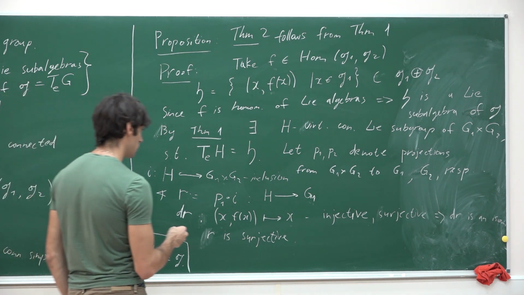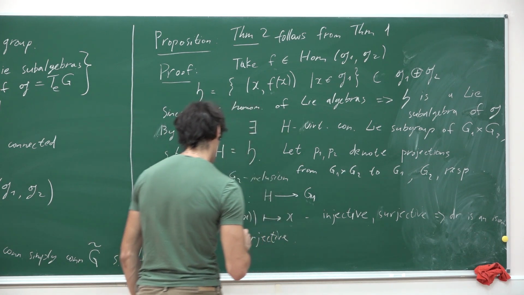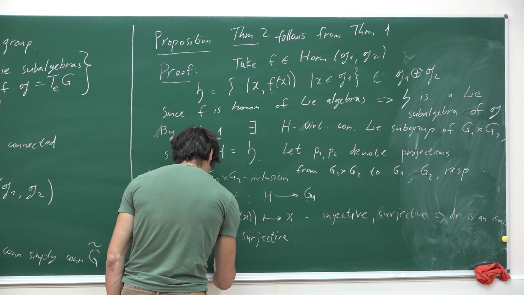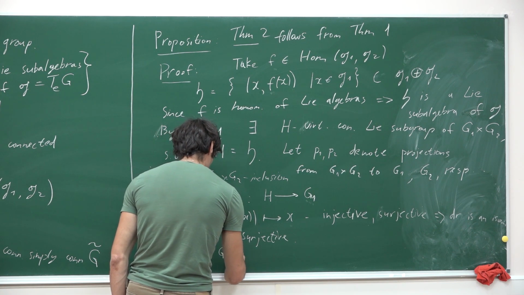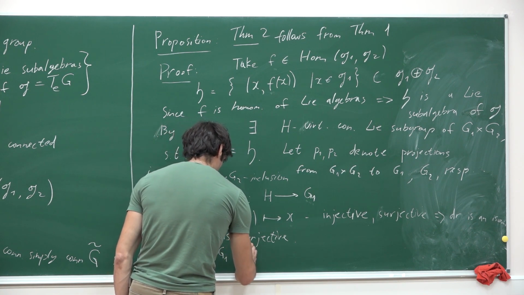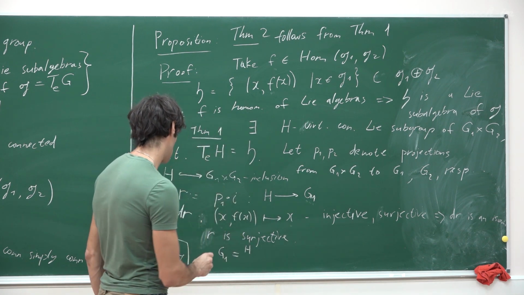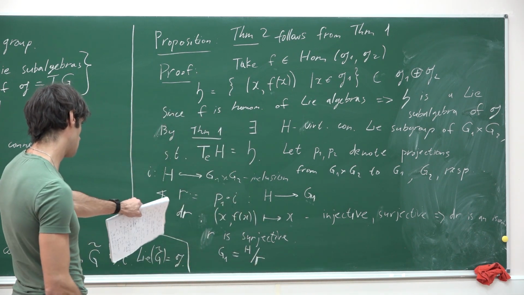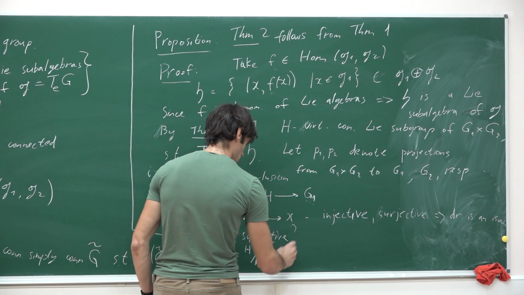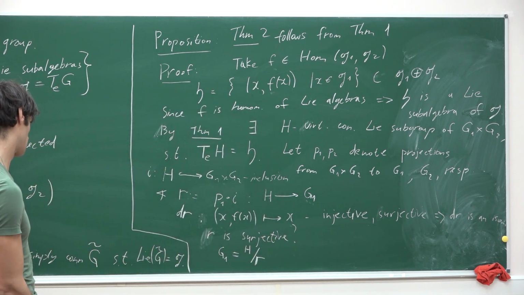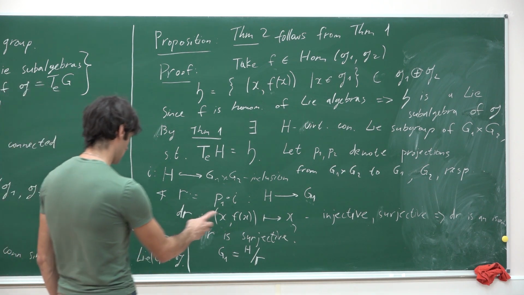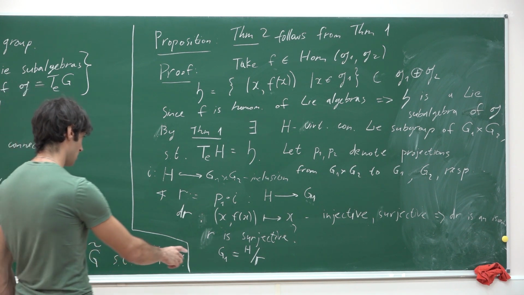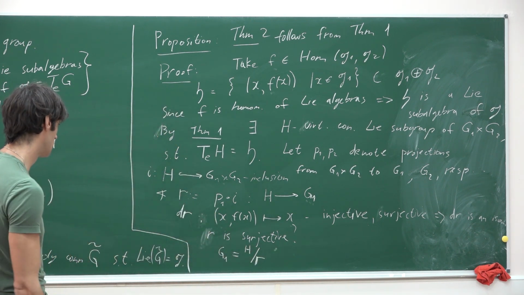If we see that it is surjective, then I know that G1 is H quotient by some gamma. So let me finish the statement. I don't see right away why, so let us think about this a bit later.